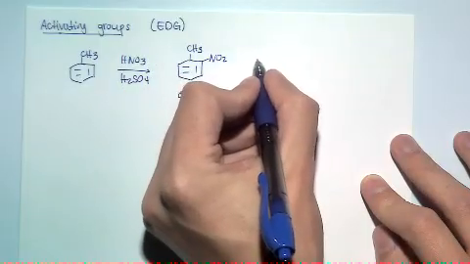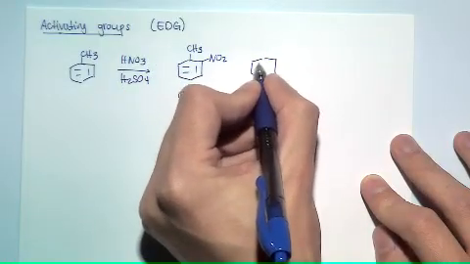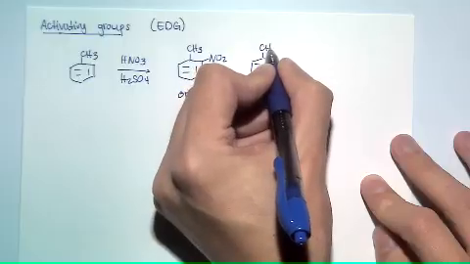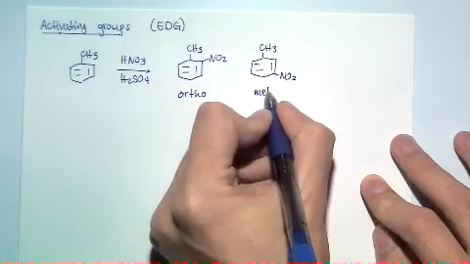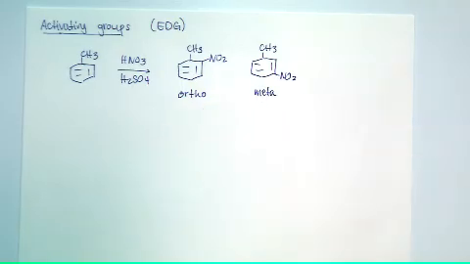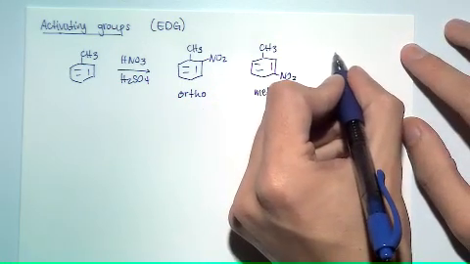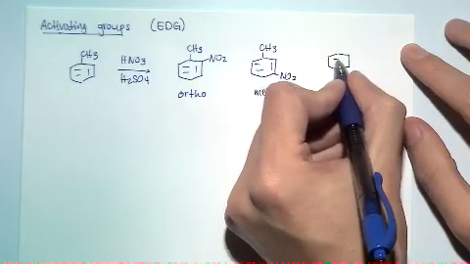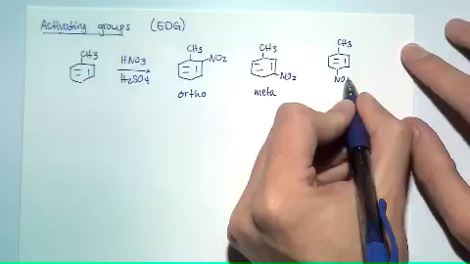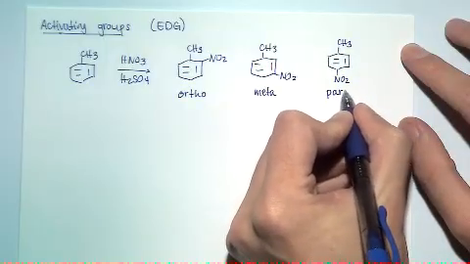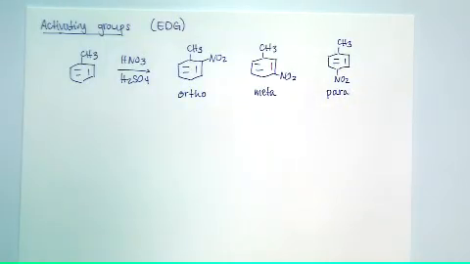There's the ortho, meta, and para isomers. Any guesses for which one is going to be formed the most?